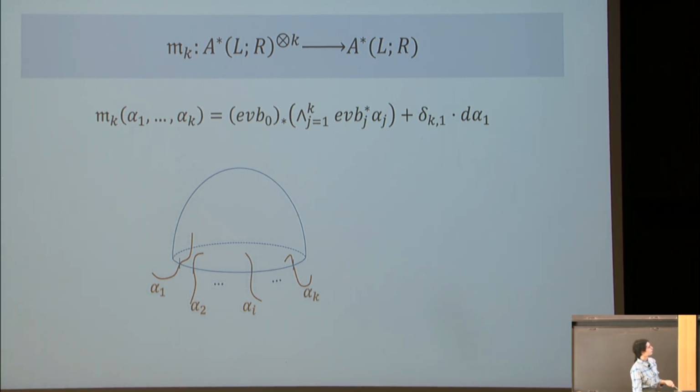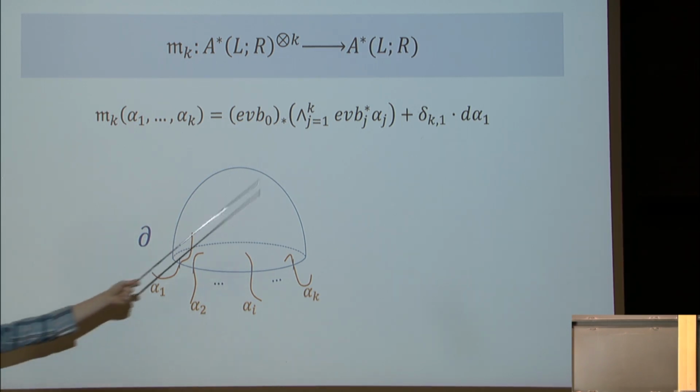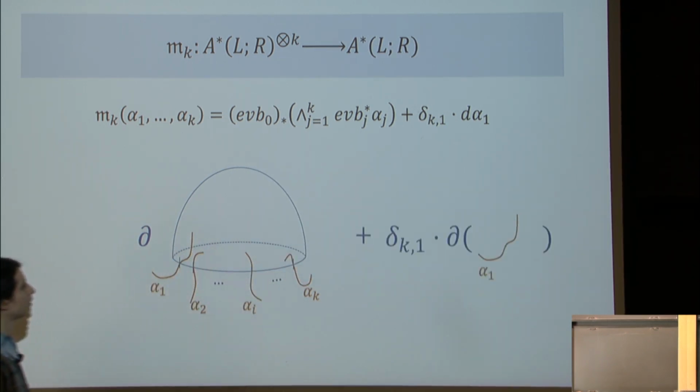And what it spits out is a point on the boundary of a disk that satisfies those constraints. Another way of thinking about it is just the boundaries of all disks that satisfy given constraints. So in particular, this is a submanifold of L. In the special case of k equals 1, we also have to add a correction, which is just the boundary of the one input constraint that we have.